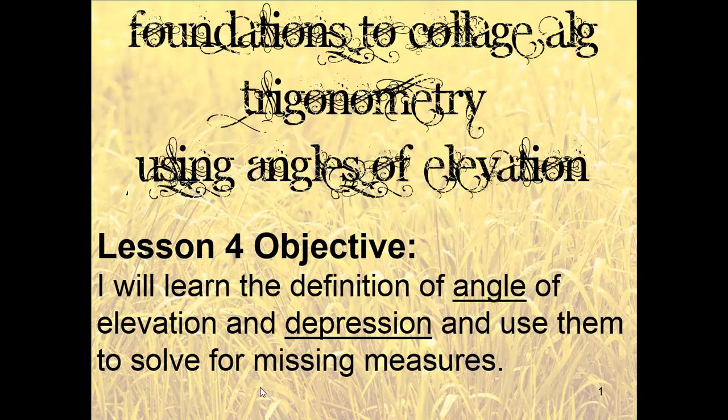So here we go. We're going to learn the definition of an angle of elevation versus what an angle of depression is, and then use them to solve for missing pieces, missing measures.